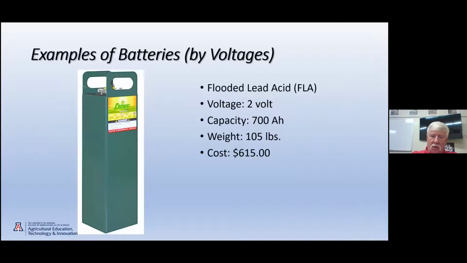And we would wire them all in series, first of all, to get up to 48 volts, and then we could have more of these wired in parallel so we can increase our capacity. So you can think about, boy, the weight of these, if I had to move 24 of these around, that's quite a bit of weight. And again, you look at the cost on the front end, $615.